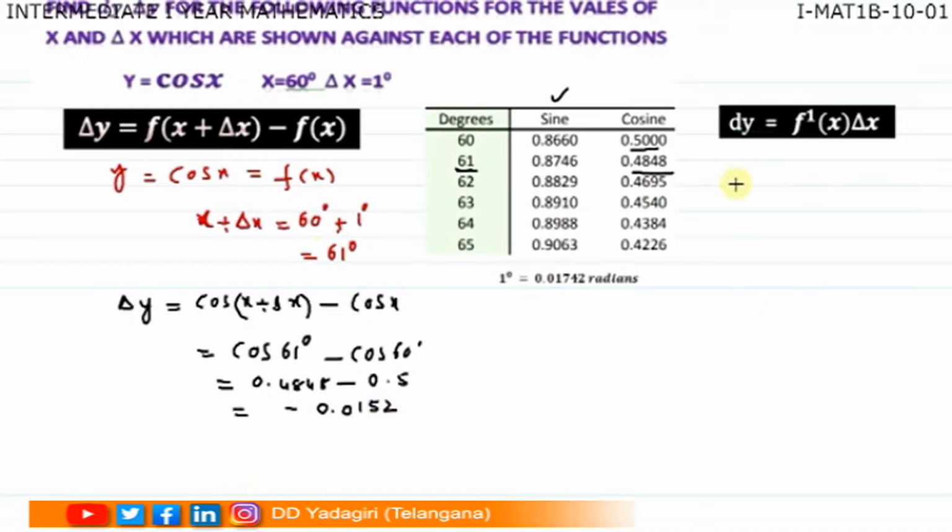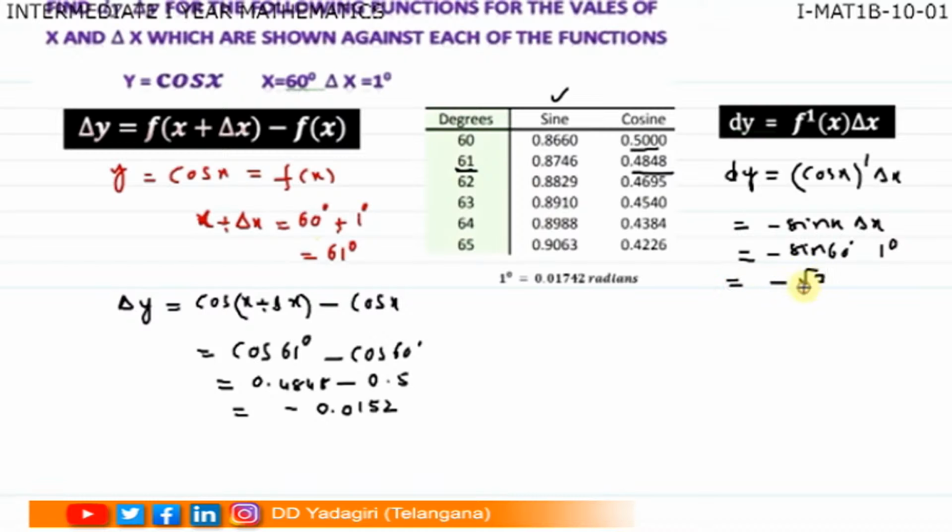Next is to find dy. Substitute here. Dy is equal to f dash x delta x. F dash x means the derivative of the function, as it is. Dy is equal to cos x derivative, minus sin x, delta x as it is. Minus sin x means sin 60 degrees, delta x means 1 degree. Sin 60 value you know, root 3 by 2. 1 degree I will substitute afterwards.